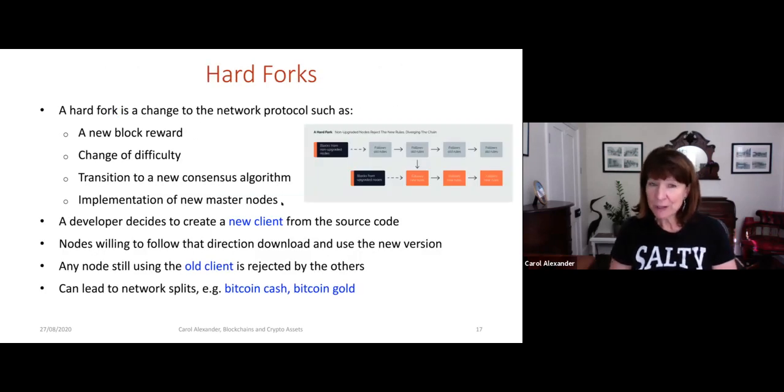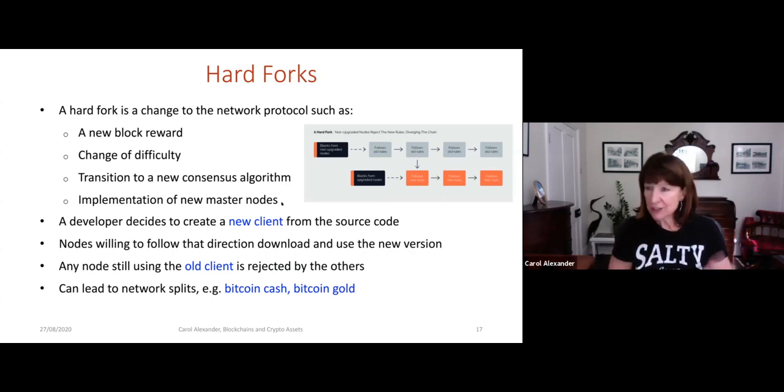Finally, we're going to talk about forks. There are 2 types of forks: hard forks and soft forks. A hard fork is a change to the network rules that requires new client software to be downloaded.